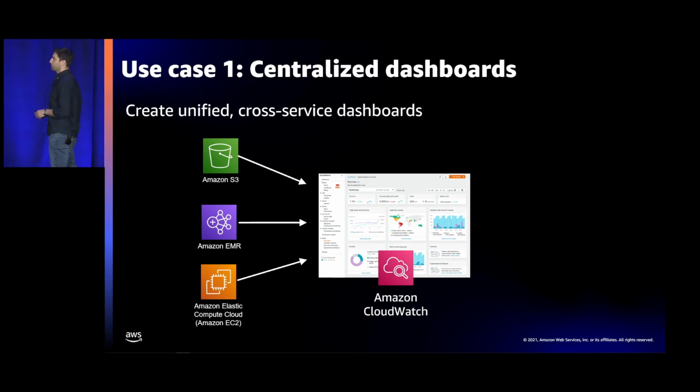Security teams are responsible for monitoring the security posture of their organization. Now, instead of having to go through multiple dashboards and go back to the Storage Lens data protection metrics, they can now integrate those metrics, for example, the unencrypted object count metric, into their existing CloudWatch dashboards that they're using to monitor their security posture.